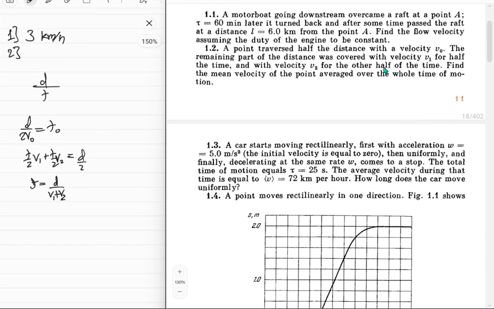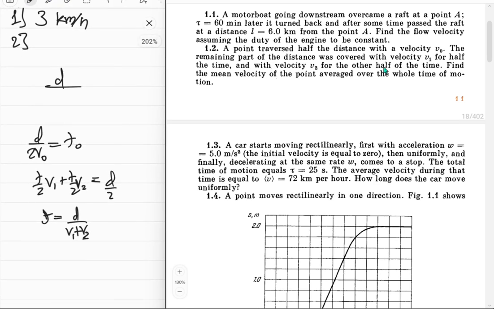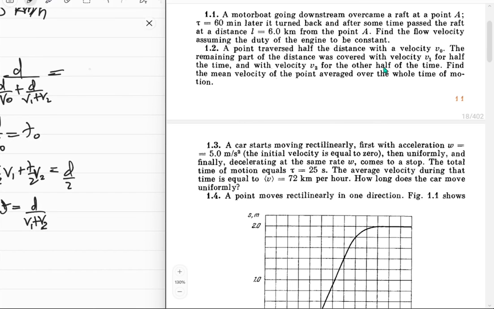Basically, d upon 2 upon the average velocity. So you got t, you got t naught, add them. So it should be t plus t naught. So it's just going to be d upon 2 v naught plus d upon v1 plus v2. There we go.